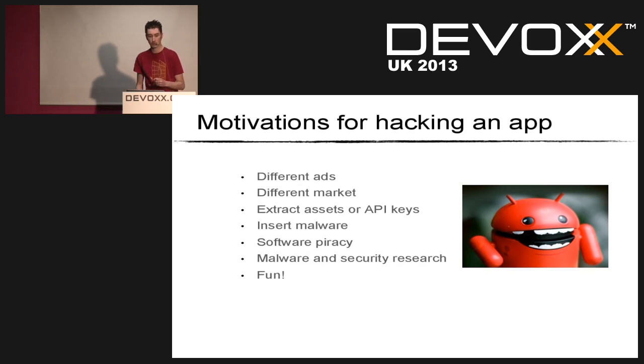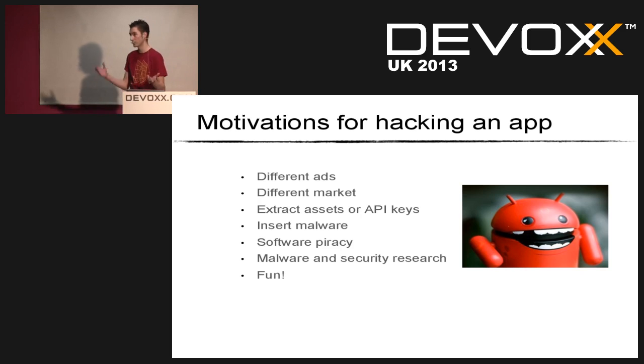The motivations to hack an app can be anything from extracting it, putting a different ad network in, and releasing it on another store to make money from that. Extracting the assets and API keys. You could even put malware into it and release it to another store.